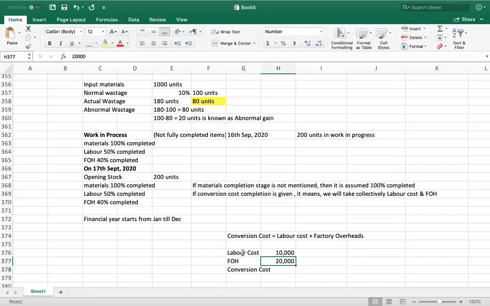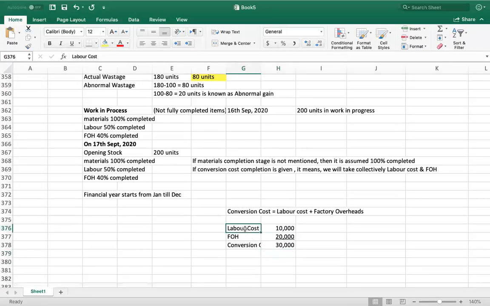In the examination, he can give you labor cost and factory overhead cost separately, or he can give you conversion cost as 30,000. 30,000 means it has both labor cost plus factory overhead. So sometimes in the examination he says conversion cost, which means you will add labor cost plus factory overhead.